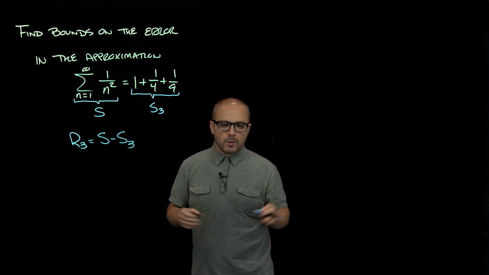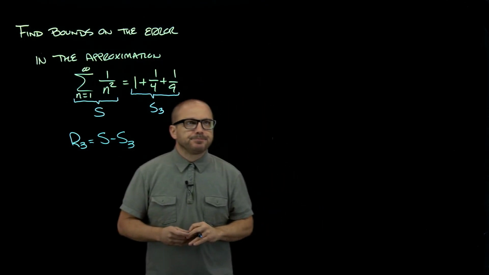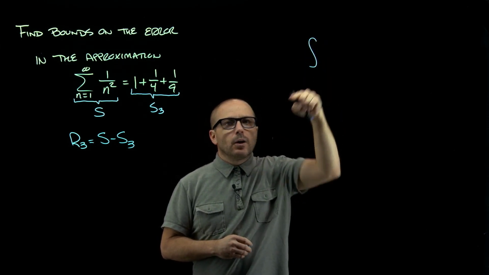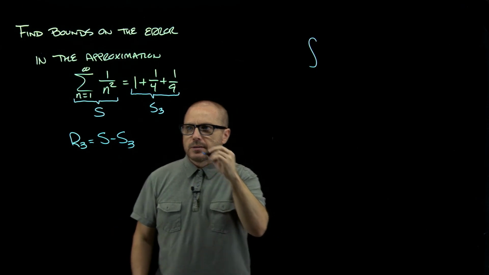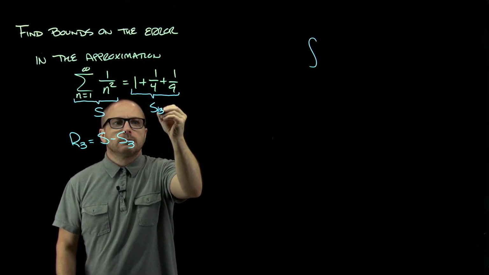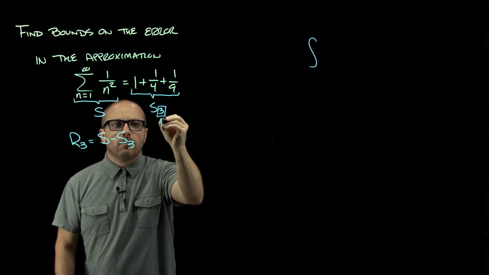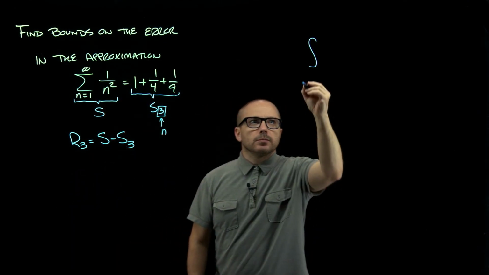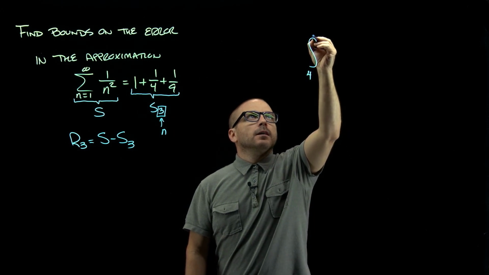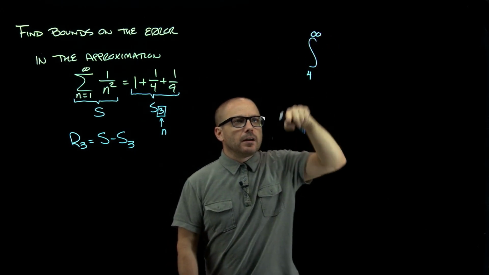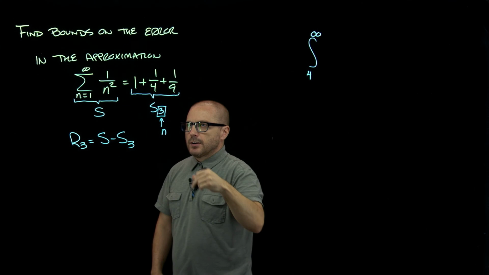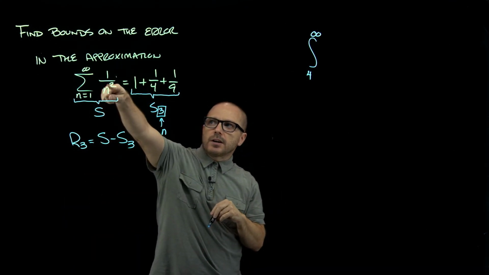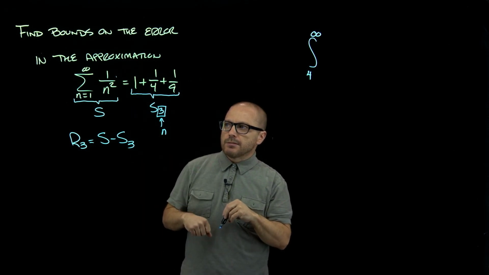So we have two integrals. One for the lower bound, one for the upper bound. The lower one starts at n plus 1, and n is 3, so n plus 1 would be 4 to infinity. And then of the function, what was the function? It means whatever function you would integrate in the integral test, the continuous version of that thing.